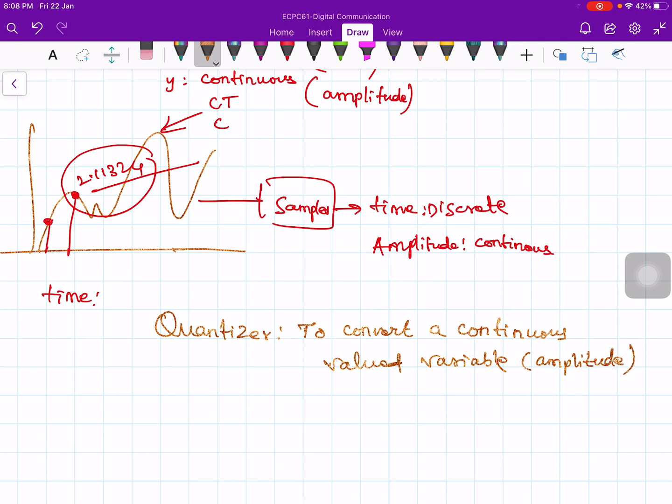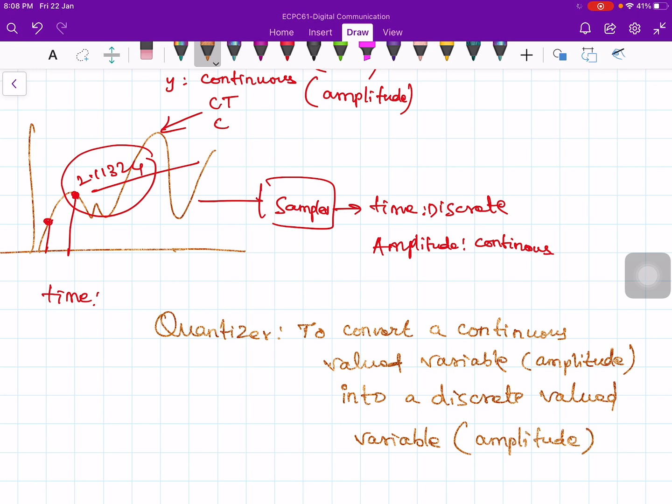Amplitude into a discrete valued variable. So that's what your quantizer is doing.